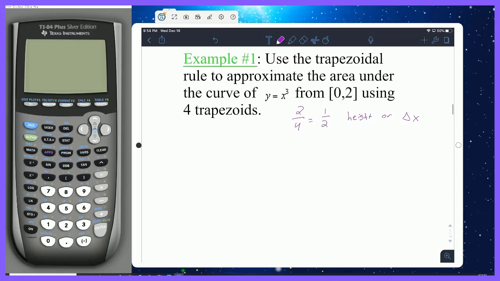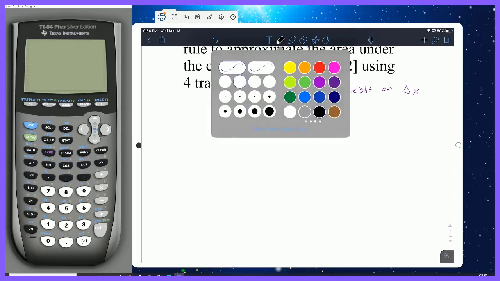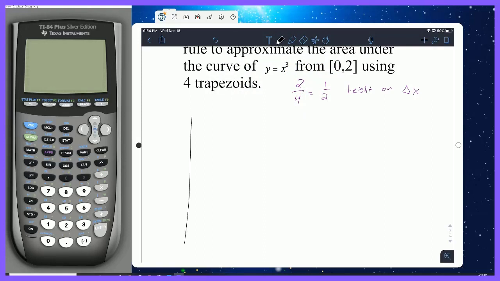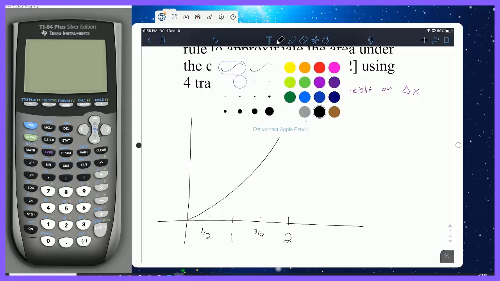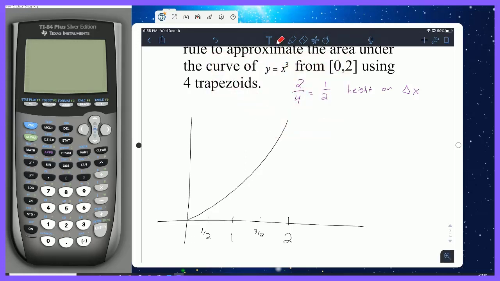All right, let's see if I can sketch a quick picture. So let's draw a picture. This is x cubed, and this is 2, and this is 1, and this is 3/2, and this is 1/2. So my trapezoids will each kind of live in this region right here. And let's go ahead and draw the first trapezoid. The first trapezoid is going to be between here and here.